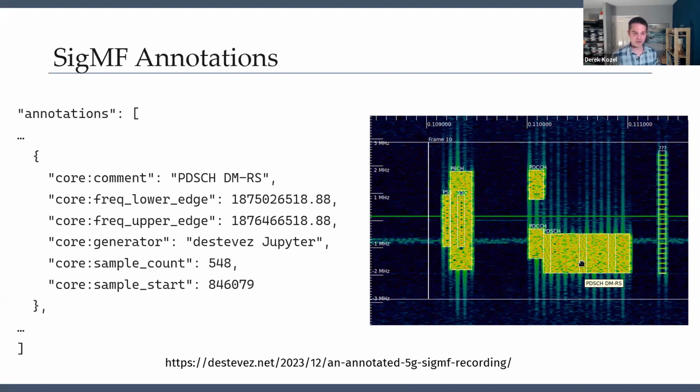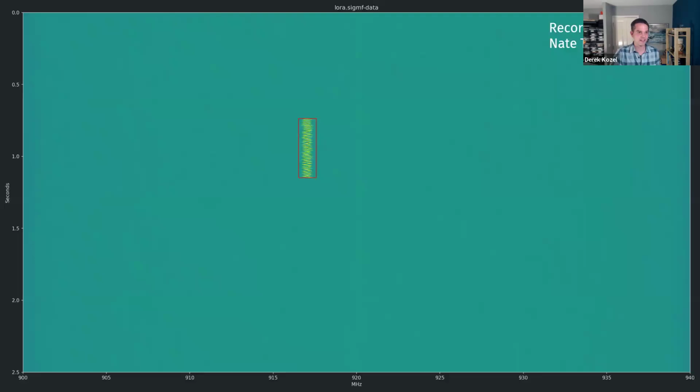He's currently working his way through LTE and 5G, explaining those waveforms. Here you can see a 5G recording, PDCH, with some of those signal blocks highlighted, and that's a factor of how this file has been stored and commented with these annotations.